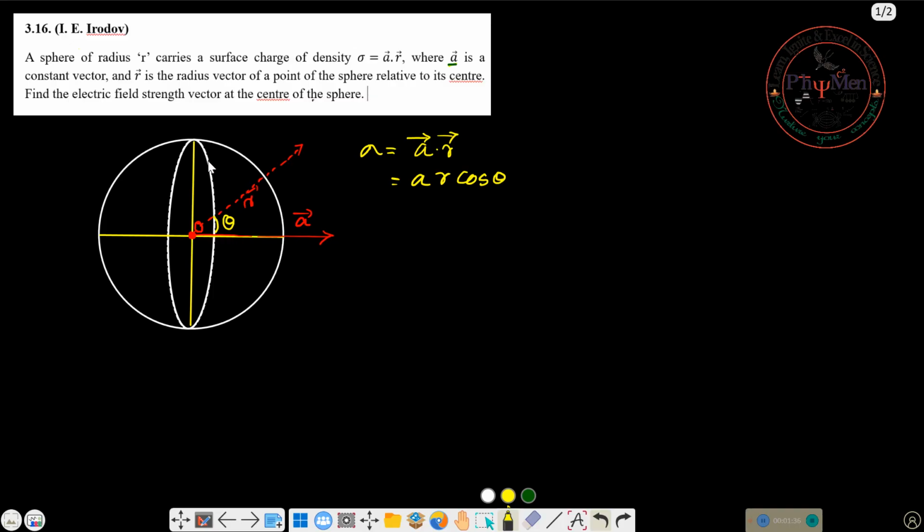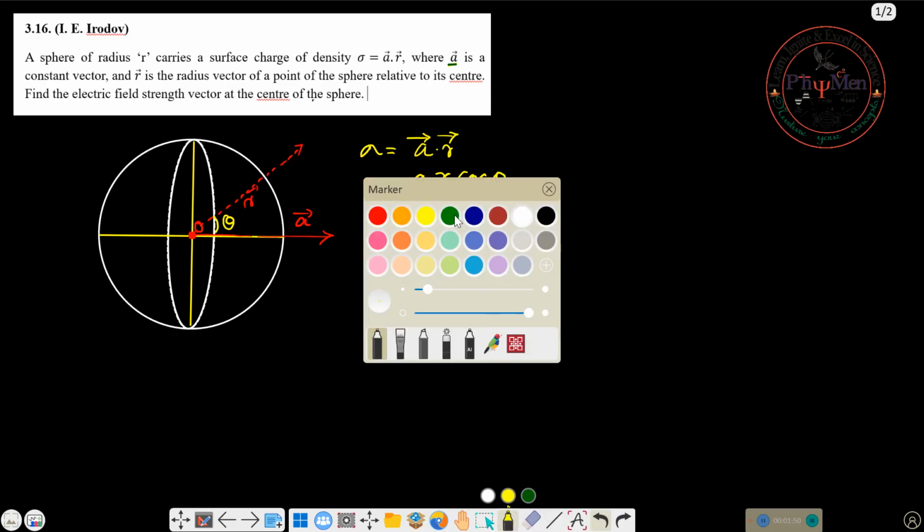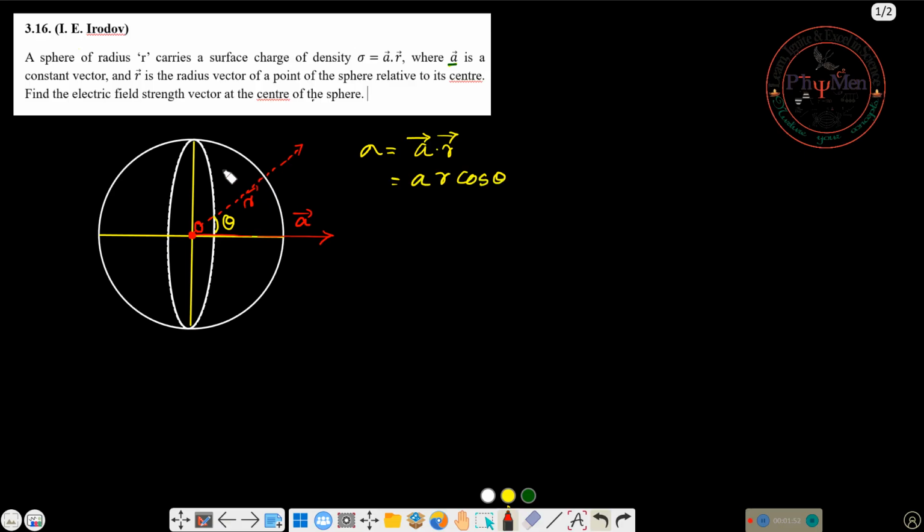Now if we look at the sphere, we will see a first half and a second half.